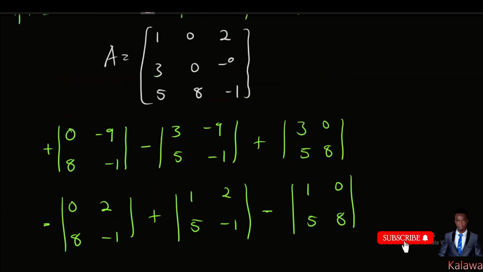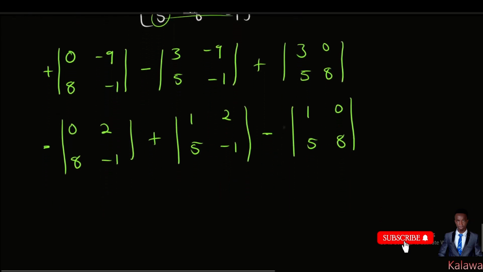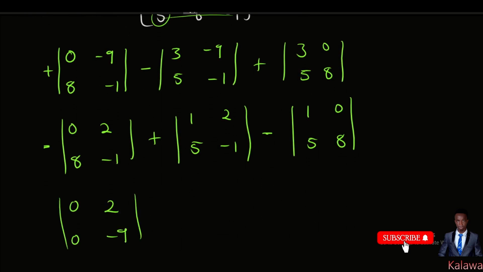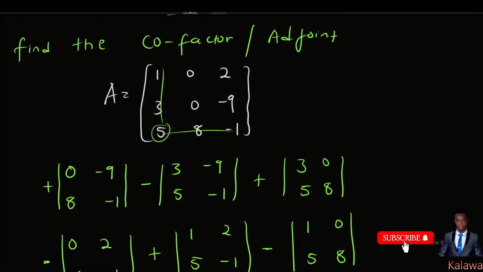Find the minor for 5. This again is out. So what is left? It is 0, 2, 0 and a slide. So go again.